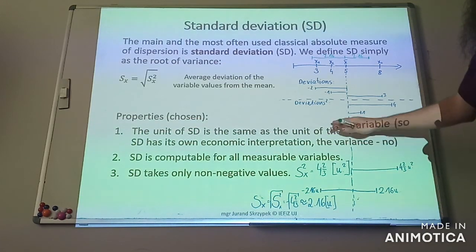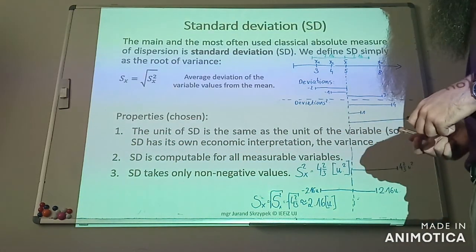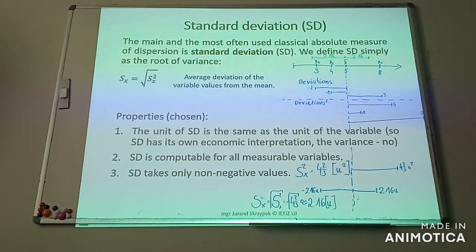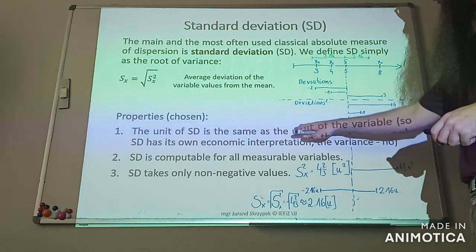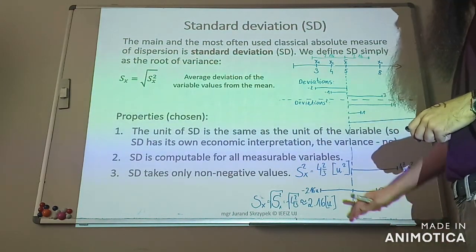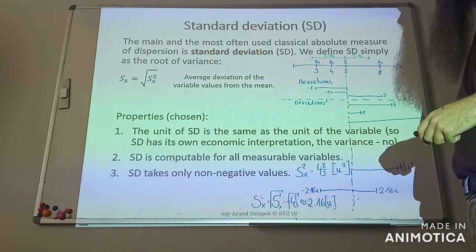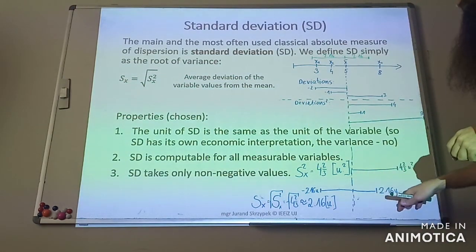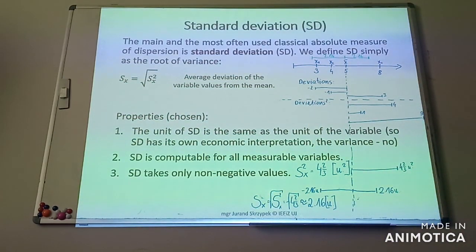Okay, and the properties of standard deviation are similar to the properties of the variance. Of course, we know that the unit of standard deviation is the same as the unit of the variable, so standard deviation, contrary to the variance, has its own economic interpretation.